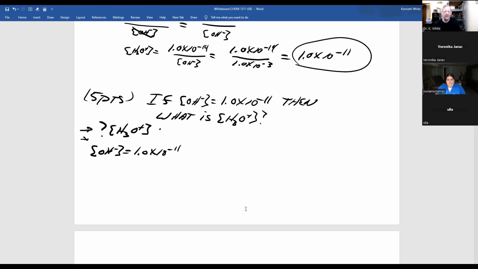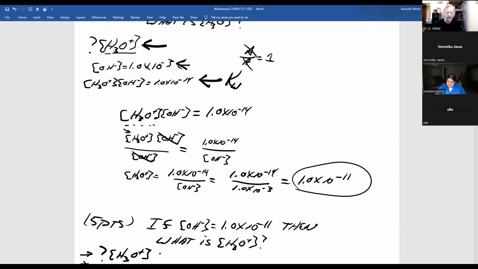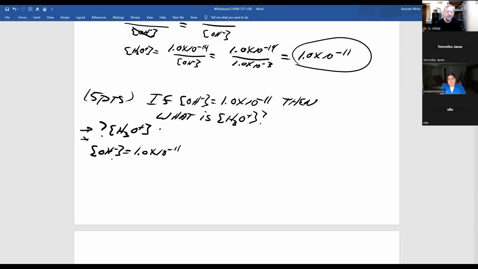And as soon as you see these two, you should remember, and let's go to important information, test number 4, hydronium ion concentration times hydroxide equals 1.0 times 10 to the minus 14. And therefore, I'm going to write that down right here. I know this.